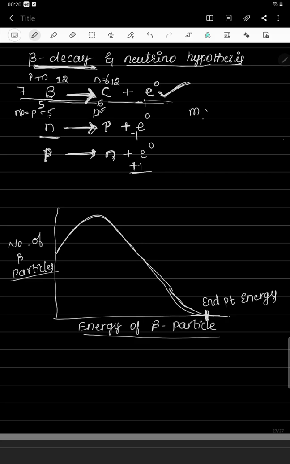The mass of the product is always less than the mass of the reactant, and this difference between the mass of the reactant and the mass of the product is called the mass defect. This difference in mass is converted into energy.